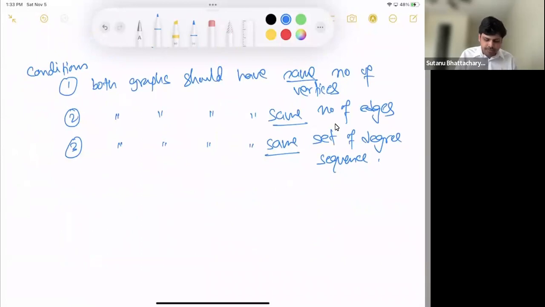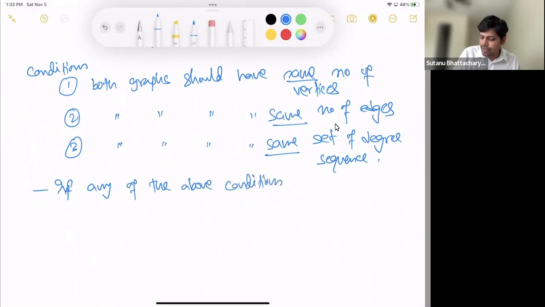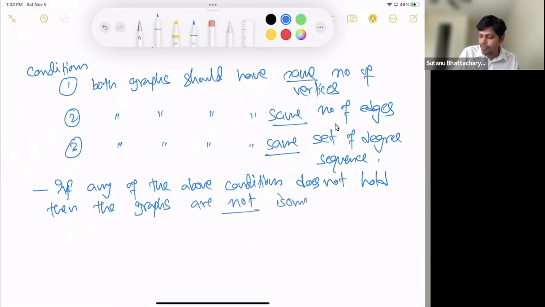So first, if any of the above conditions do not hold, then the graphs are not isomorphic.